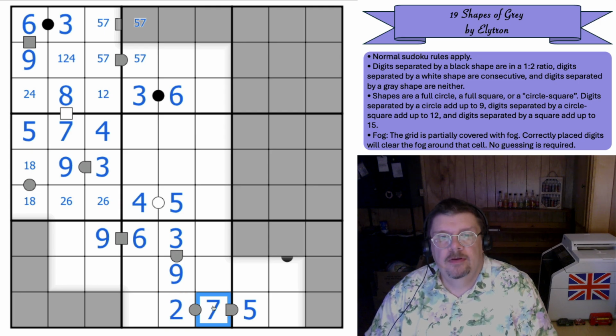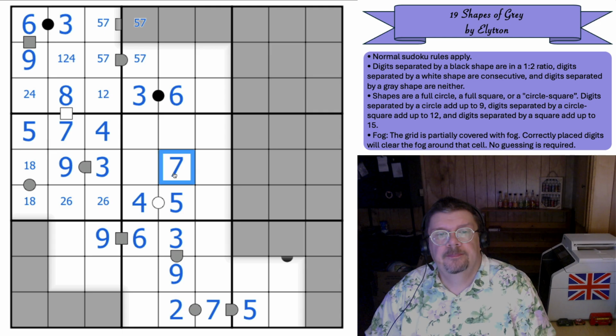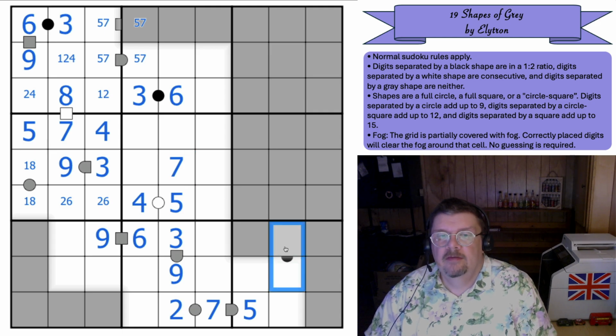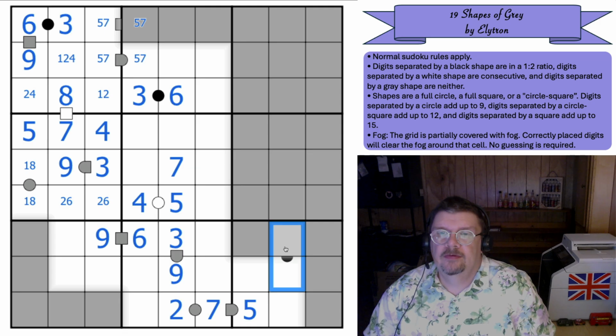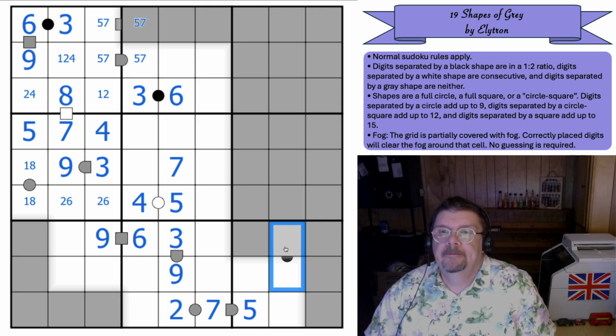All right, by Sudoku, 7 is not in those, 7 is not in those, and not that one either. So that's a 7. We have a black dot, or a black circle or square circle. So 1 to 2 ratio, and adds up to 9 or 12, which would be 8, 4 or 3, 6.